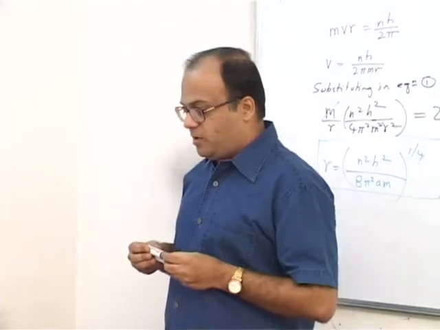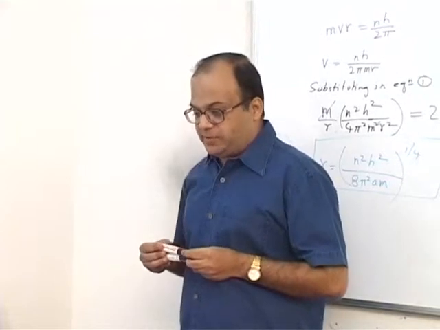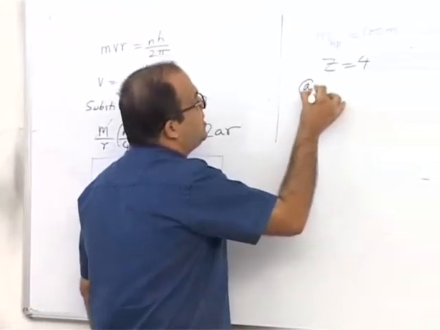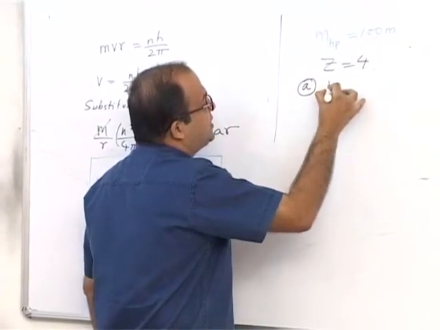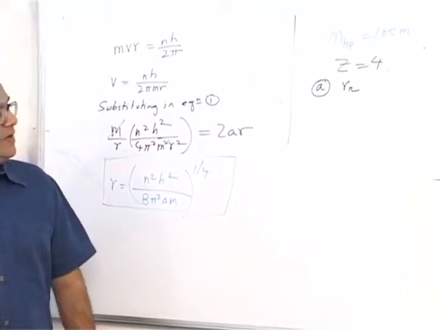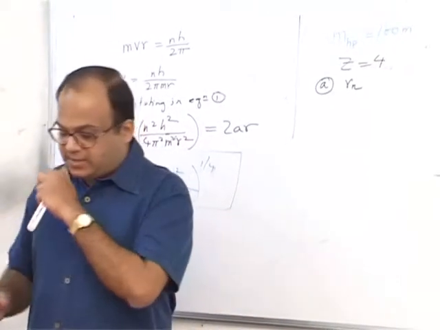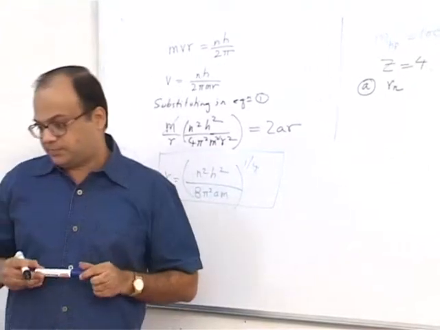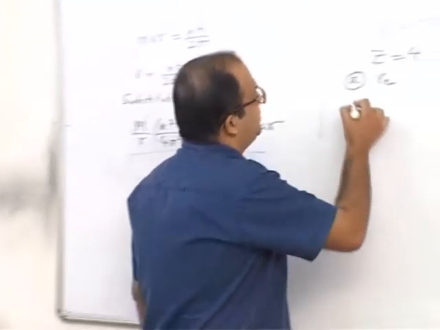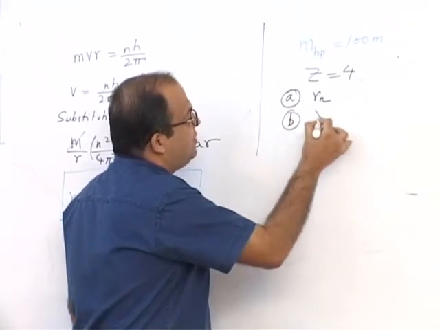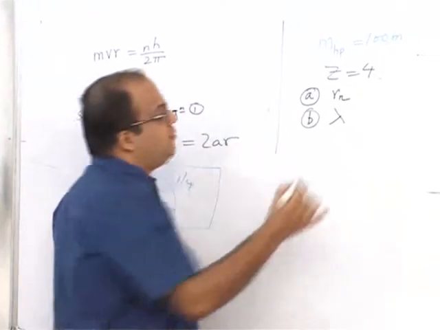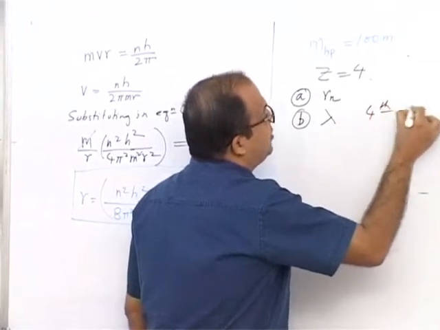Assuming Bohr's model of quantization of angular momentum to be applicable to the system, first part, derive an expression for the radius of the nth allowed orbit. And B part, find the wavelength of the emitted photon when it jumps from fourth to second orbit.